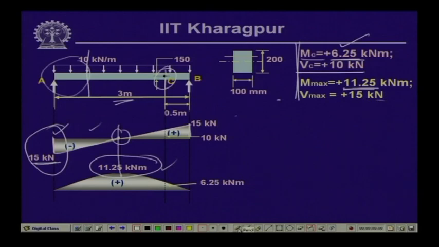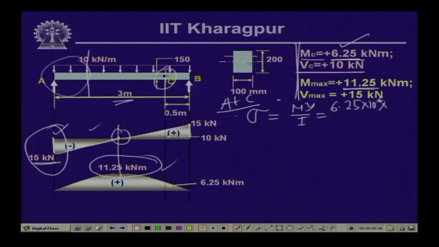Now, the value of the bending stress, the normal stress, say at C, first let us calculate at C. At C, the bending stress is equal to M y by I, and at C the moment is 6.25 kilonewton meter. So, this is 6.25 into 10 to the power 6 into y.